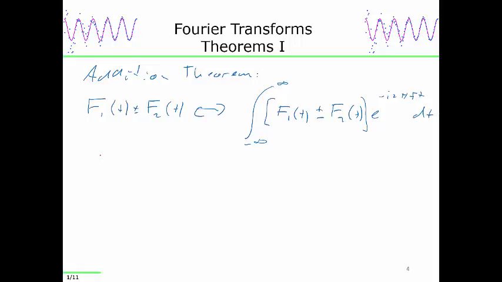So if we have this integral, then you can carry this e to the negative i 2 pi f t into each of the 2 terms in the sum, right? So I can write this as the integral from negative infinity to infinity.